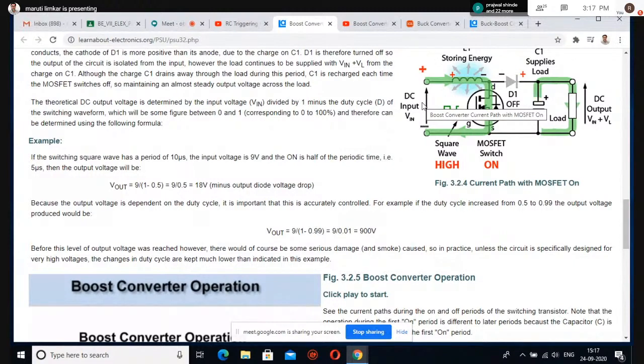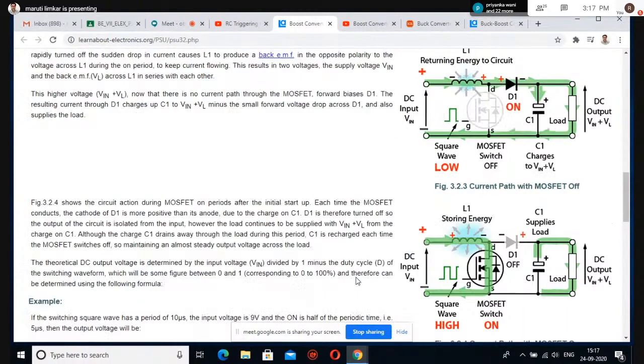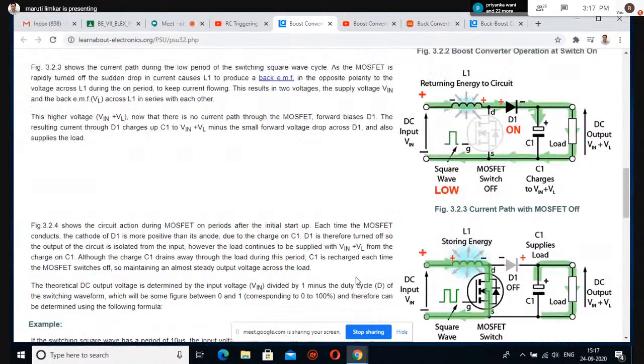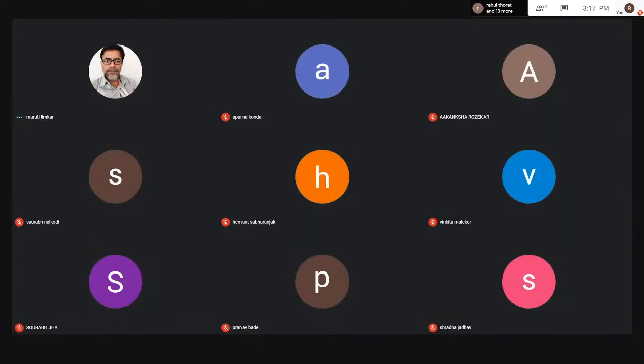Okay. I have found one good video on this boost converter. Can you see my screen?